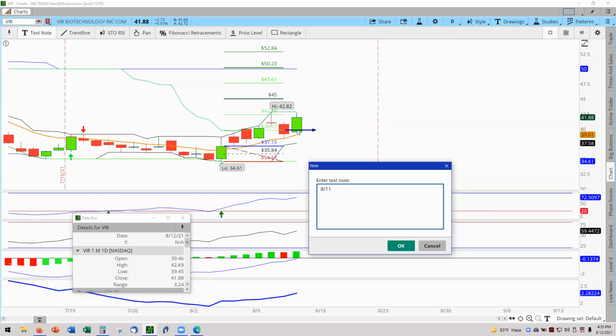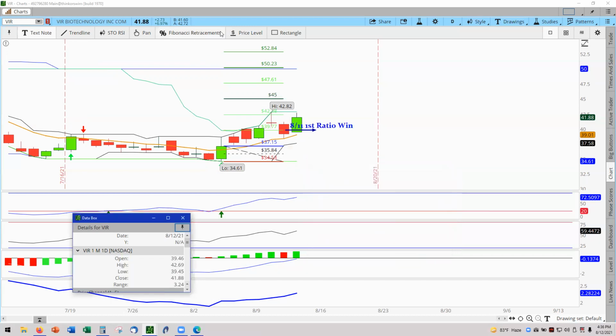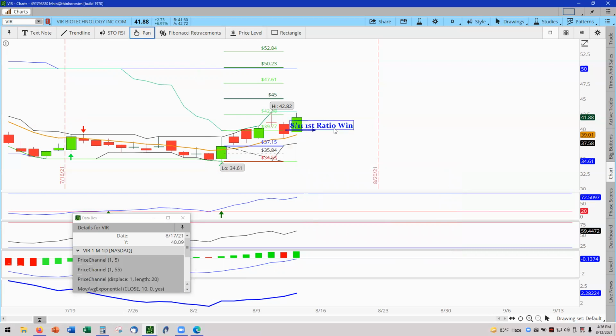It actually would have been stopped out here on the 11th. 8/11 win. And we call it the first ratio win. So that's what it was. It's a first ratio win. Okay. So it's important to put my notes on the charts because if I flip through pages, I might get messed up with somebody else, and then that's not good.